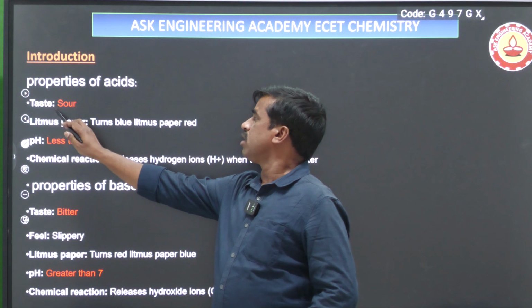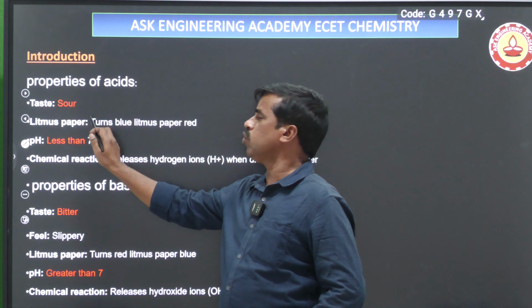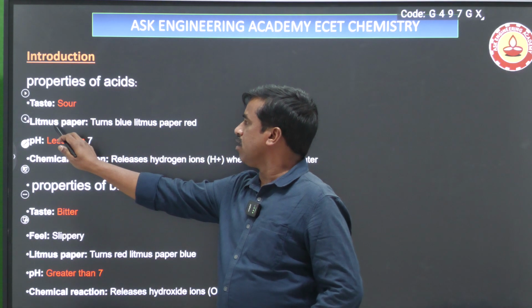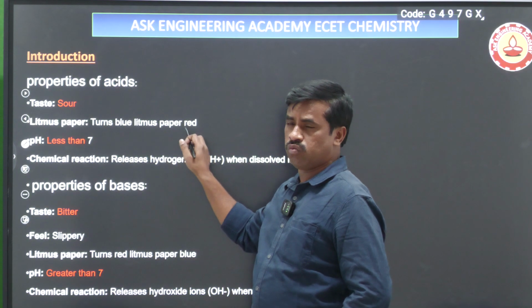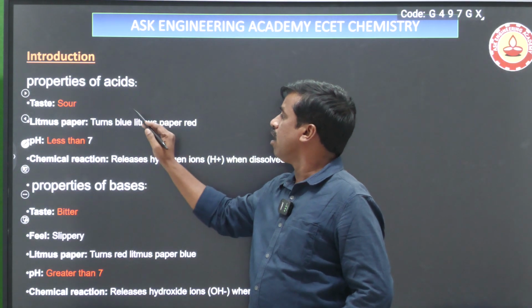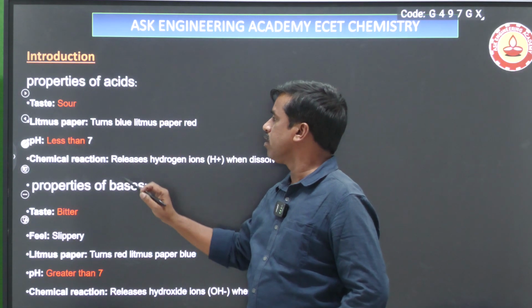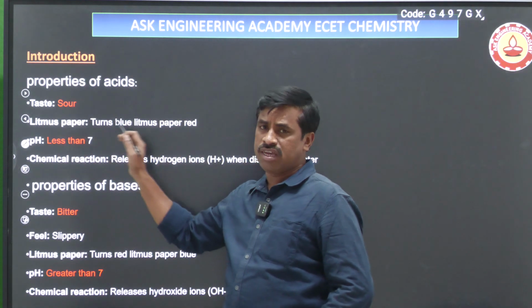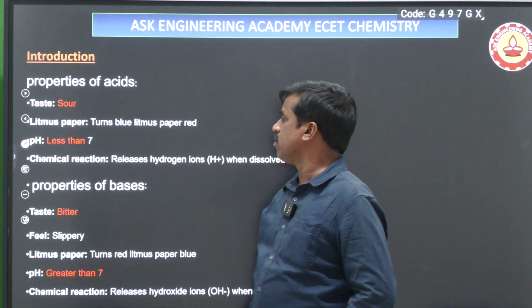Acids have a sour taste. Litmus paper turns from blue litmus to red litmus. Whatever the acidic substances, litmus paper turns red, and the pH value is less than 7.